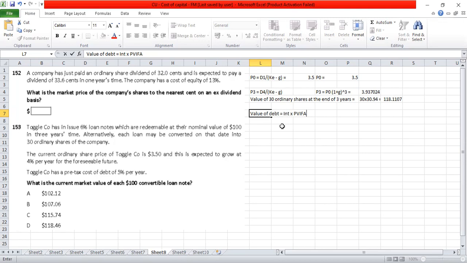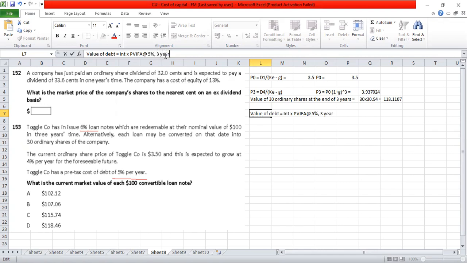The interest amount is 6%, but the cost of debt capital is 5%, so we have to take it at 5%. At 5% for how long? For the next 3 years.